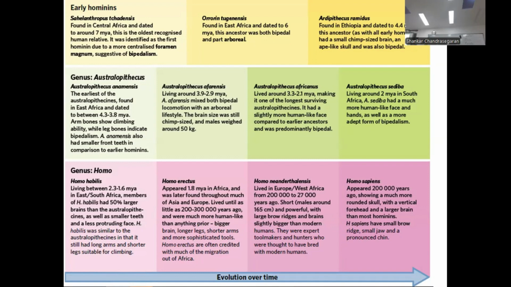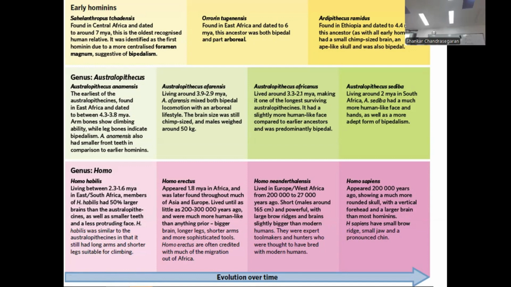Remember that Homo erectus appeared about 1.8 million years ago, lived until as little as 200 to 300 years ago, and they were basically much more human-like compared to anything prior, and they were starting to have the traits that are indicative of the genus Homo, which are bigger brains, longer legs, shorter arms, and more sophisticated tools.